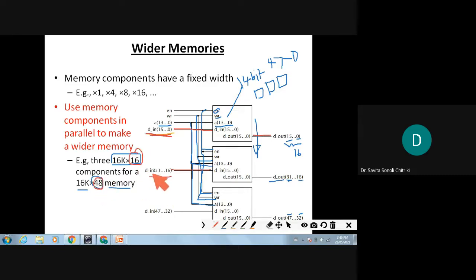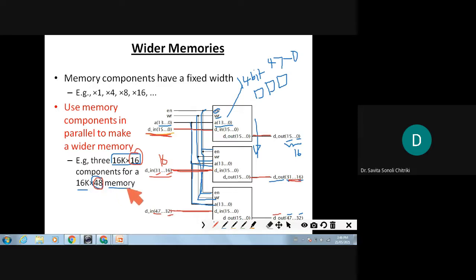So D in is again separate, 16 to 31, and separate D out 16 to 31. Then a separate D in 32 to 47, then D out 32 to 47.